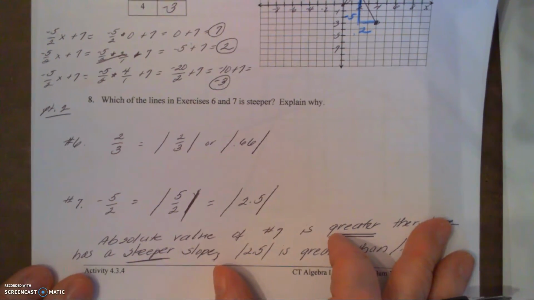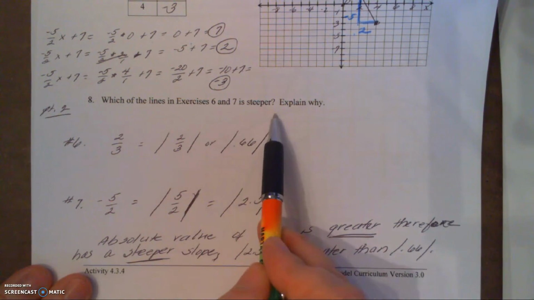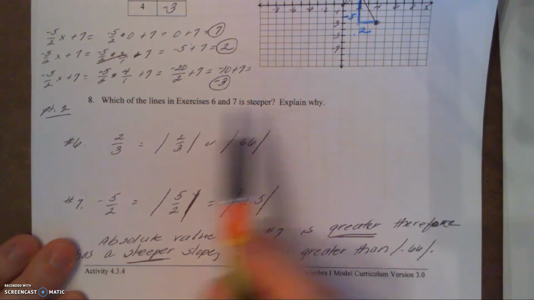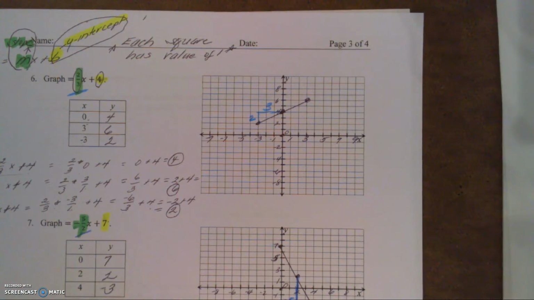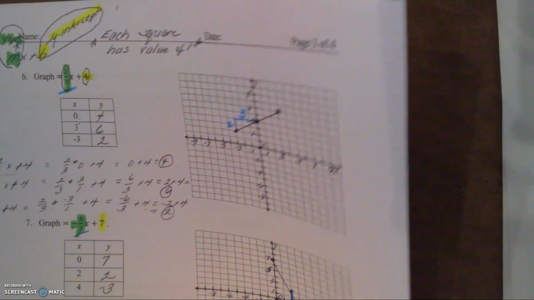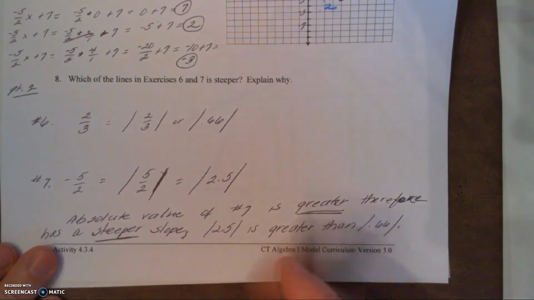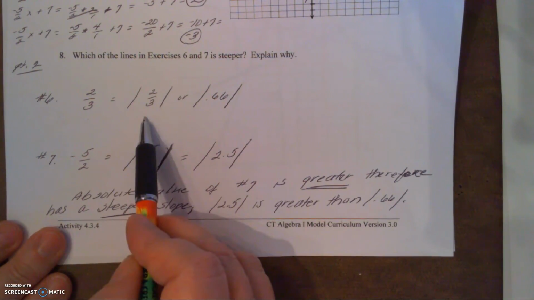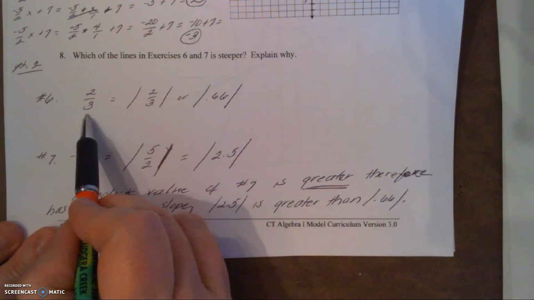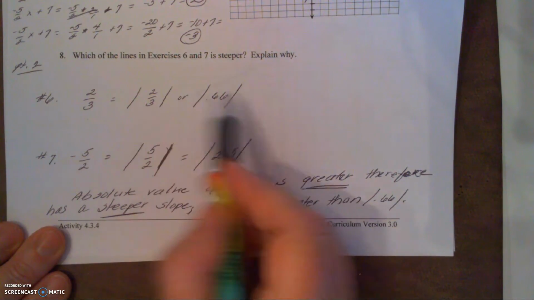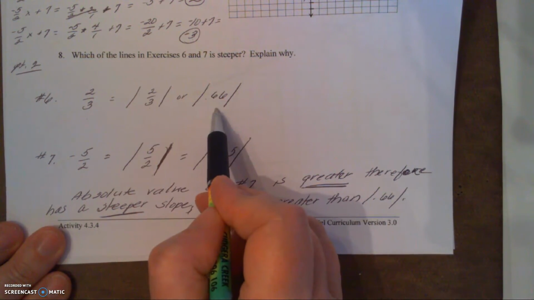So then we're going to go to the bottom of page 3, and it is asking us which of the lines in exercise 6 and 7 is steeper. Now, if we look at the slope, which we set up here was 2/3 for number 6, and negative 5 over 2 for number 7, if we take the absolute value, remember that's the distance from 0, for both of them, so negative 2/3, so absolute value is 2/3, or if you divide 2 by 3, you get 0.66.